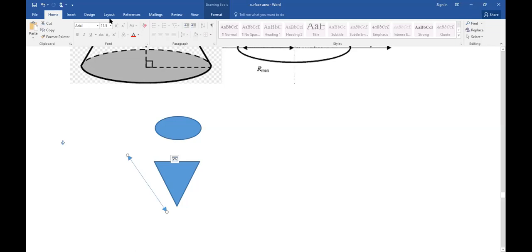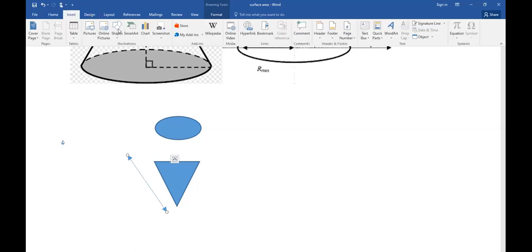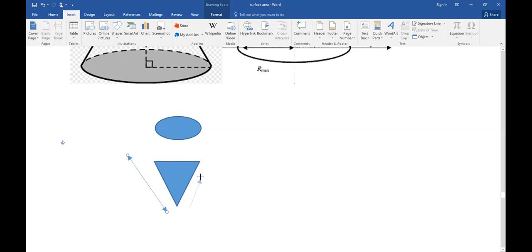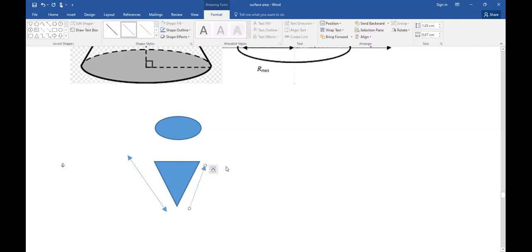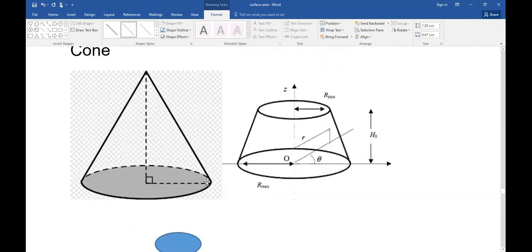We have two slant heights. Let me show you the other slant height. So it is here. So these two are the slant heights. Now remember there's a distance here. You can see the one I'm following here is the slant height, and this one is the slant height. Now this one is the actual height.